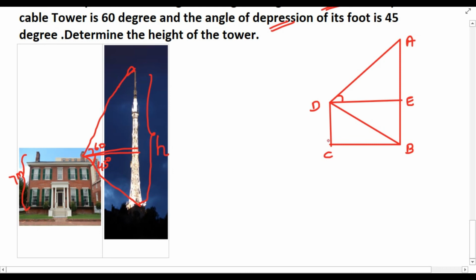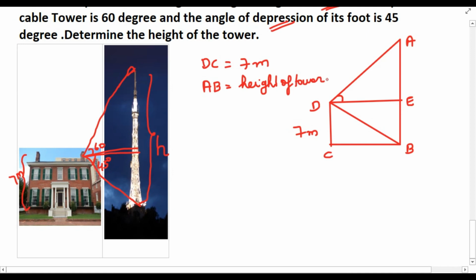So for the building, let the height of the building be DC, and that is clearly given as 7 meters. Now we need to find out the height of the tower. This full length is the height of the tower, AB.